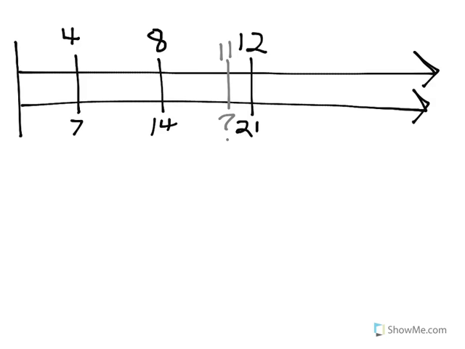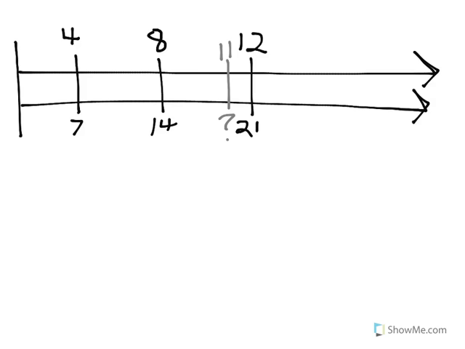It could be in between some number. But there's a few things that this diagram helps us do. First, it helps us see that 11 is closer to 12 than it is to 8. So whatever this is, that should be closer to 21 than to 14. When we're dealing with fractions, that can be super helpful for kids that are struggling with the concept of fractions.